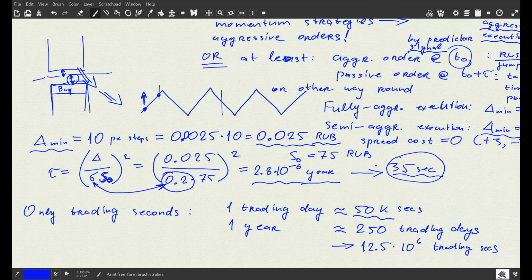if only trading seconds are taken into account, or if wall clock seconds are used. 1 year was 31 million, not 12.5, but 31 million seconds.